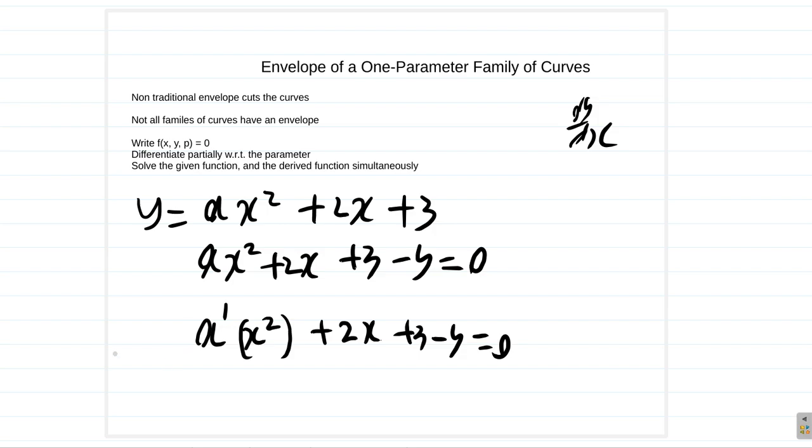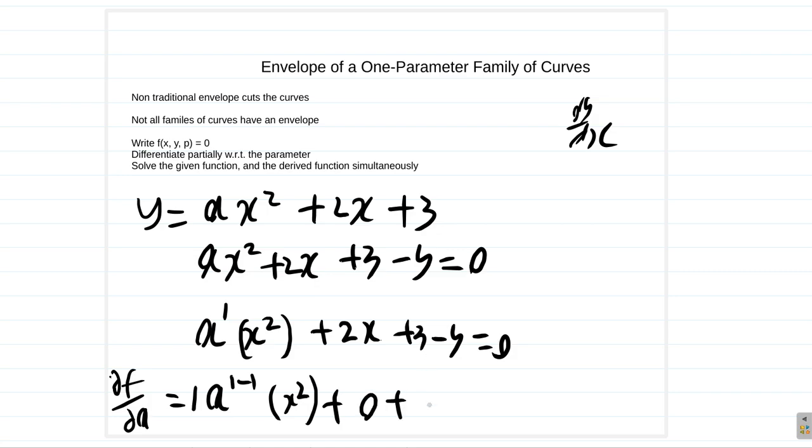So when you differentiate, the partial derivative of the function with respect to a is equal to 1 times a to the 1 minus 1 times x squared, plus, when you differentiate the constant, you get 0, plus 0, plus 0. All of this will be equal to the derivative of 0, which is 0.